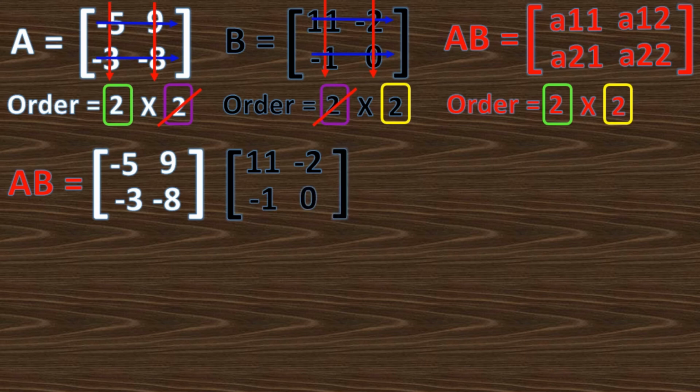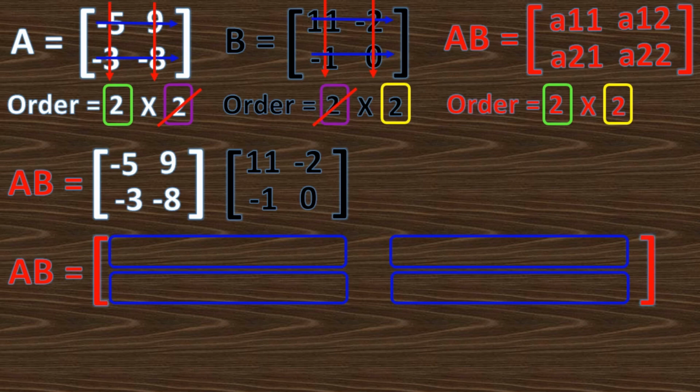So students, we know the product matrix will be of the order 2 by 2. So arrange boxes for the elements. 2 by 2 means 2 rows and 2 columns. Totally 4 elements will come.